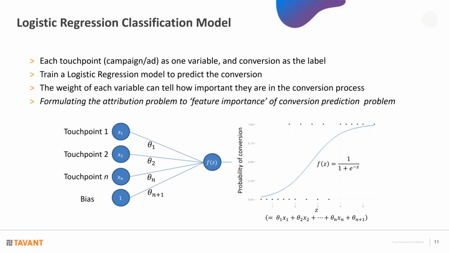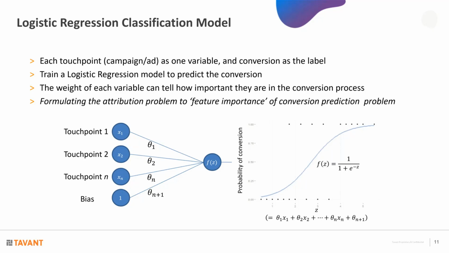So how do you use it? Each touch point or campaign or ad becomes one of the variables, and the label is whether the journey involving those touch points finally led to conversion or not. And then you train a logistic regression model to predict the conversion based on the historical data. So for all the journeys, you take all the touch points and the label of conversion or no conversion, and then you train the model to make those predictions to a reasonable degree of accuracy.